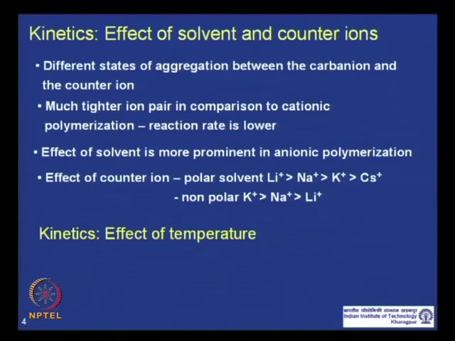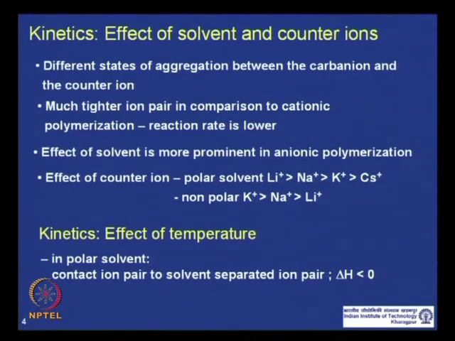Now, what is the effect of temperature in anionic polymerization? It is a little complicated, and it is not easy to explain the effect of temperature in a generic way. It depends upon the ion pair and the polarity of the solvent.